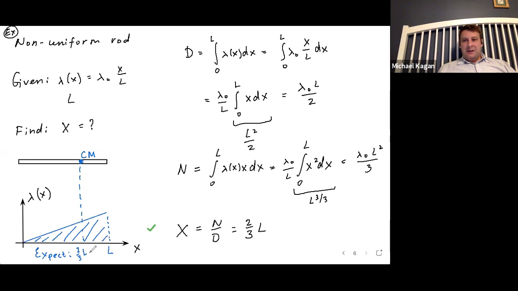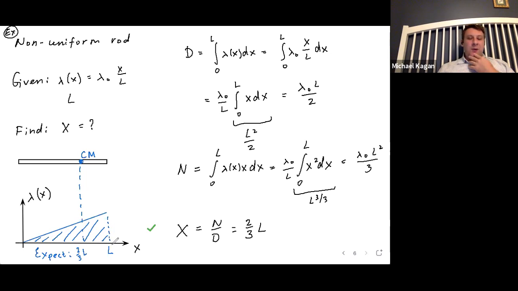Imagine you have this two-dimensional triangular slab, uniform, and you collapse it onto the x-axis. That would become a rod, but a non-uniform one, with a density that increases linearly from the left end to the right. As a side effect of what you just did, you also found the center of mass of a two-dimensional shape.